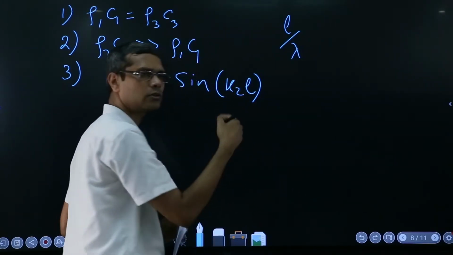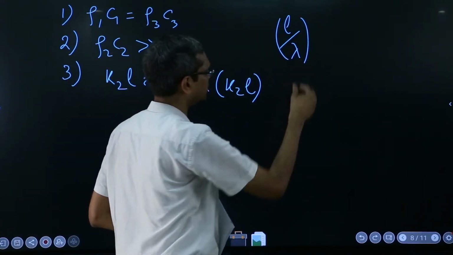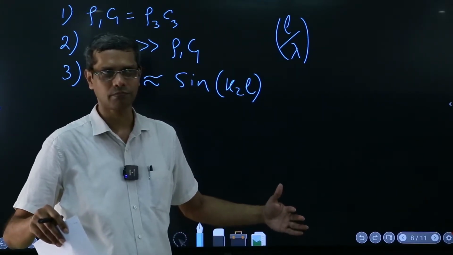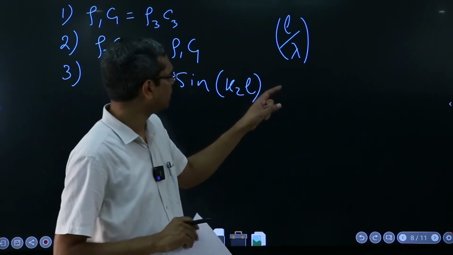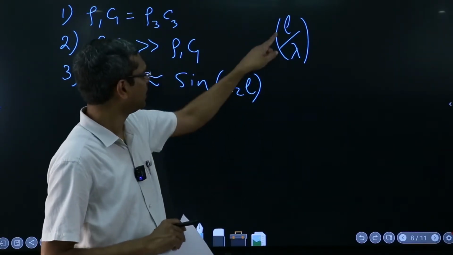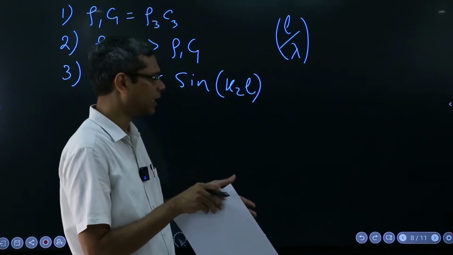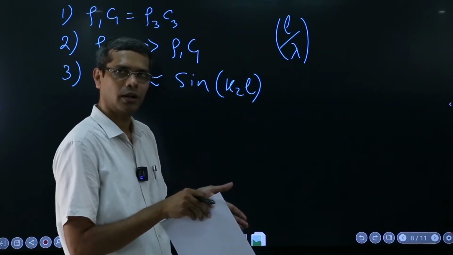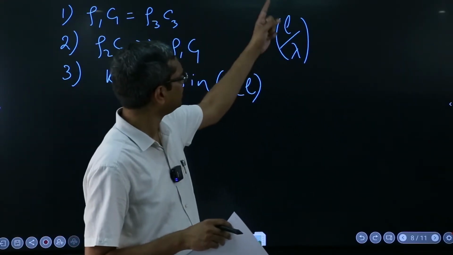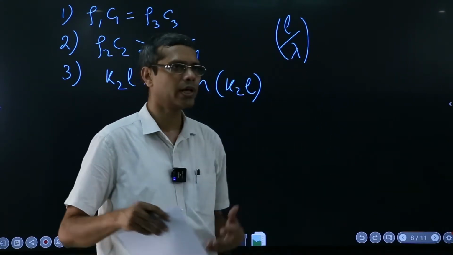K is 2 pi over lambda. So you are talking in terms of this L over lambda of the frequency of interest. Now when I am saying K2L small, either the physical length of the in-between layer could be small for a moderately high frequency, or the length is more but you are considering a very small frequency, so that lambda is very high.